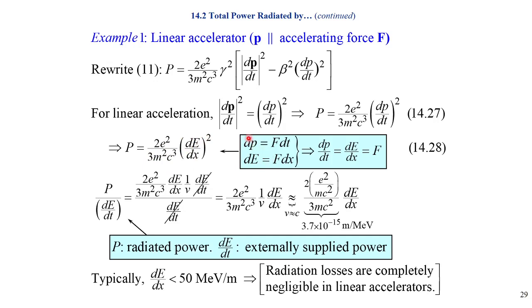And we know dP equals force times dt, and dE equals force times dx. That's the work done by a small displacement, and that's the momentum change for a small time change.